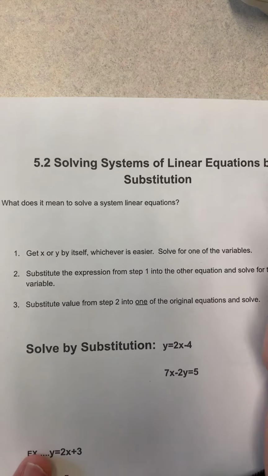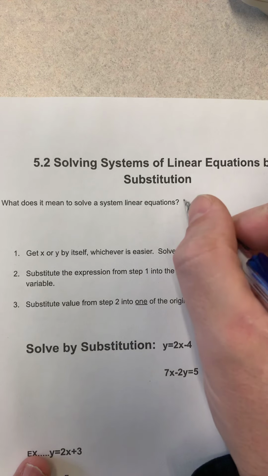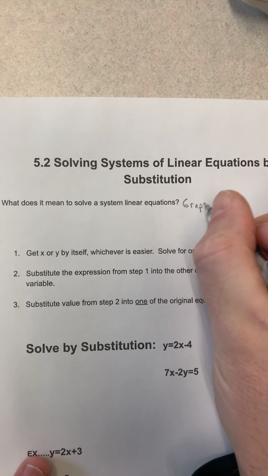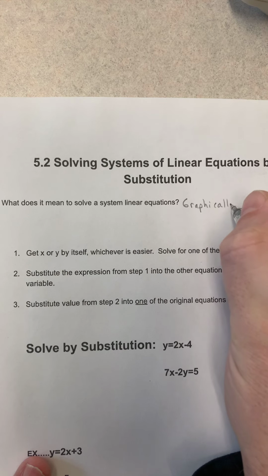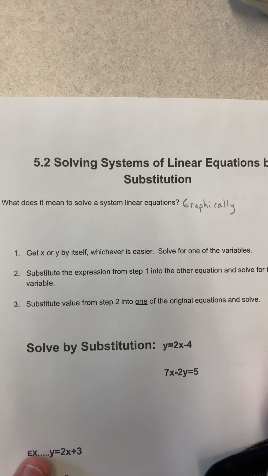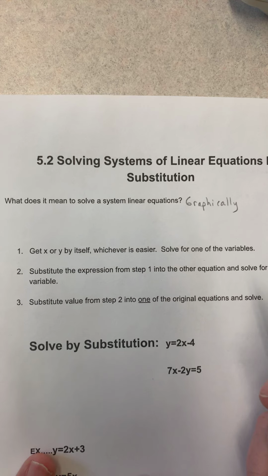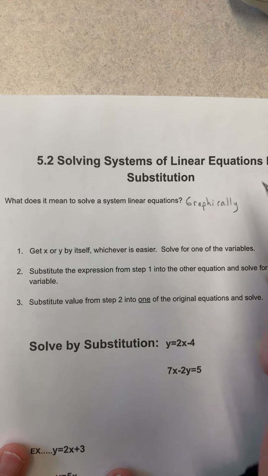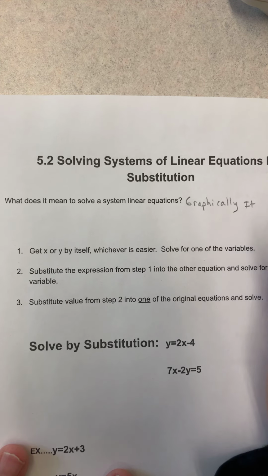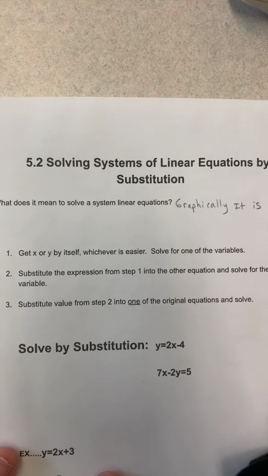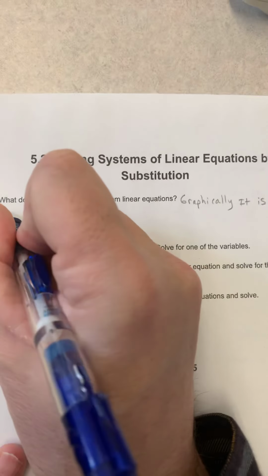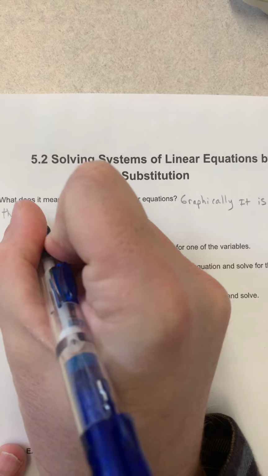What does it mean to solve a system of linear equations? I'm just going to say graphically. So on a graph, when I graph those two, it is the intersection.